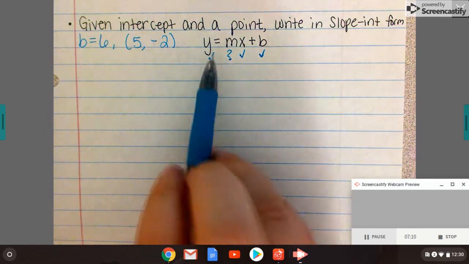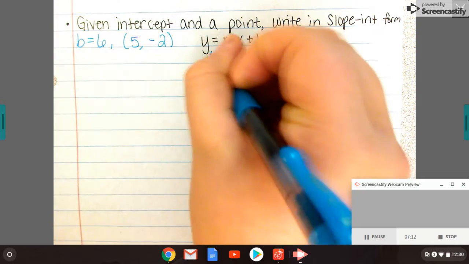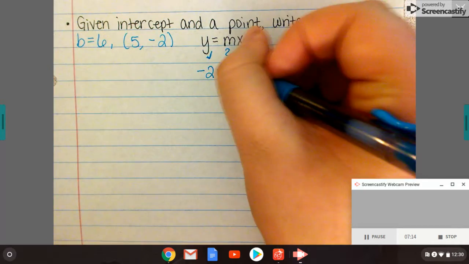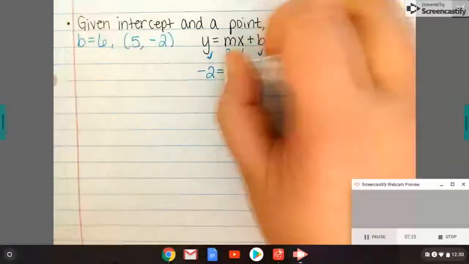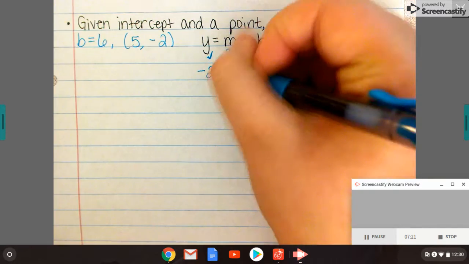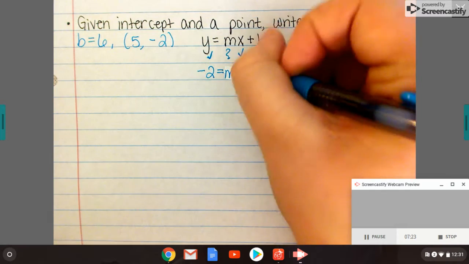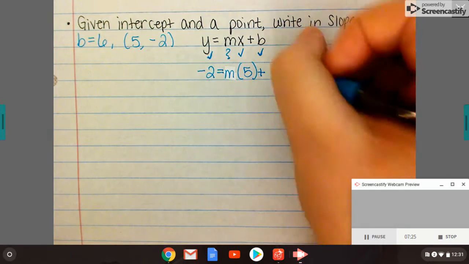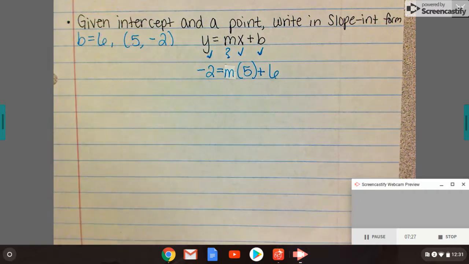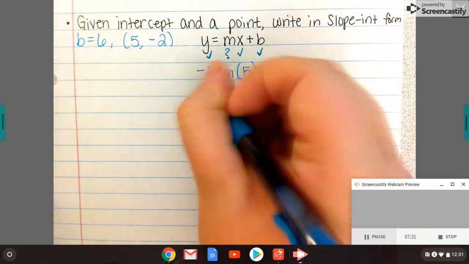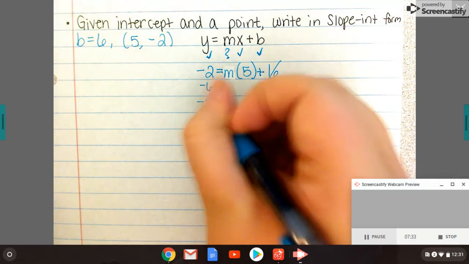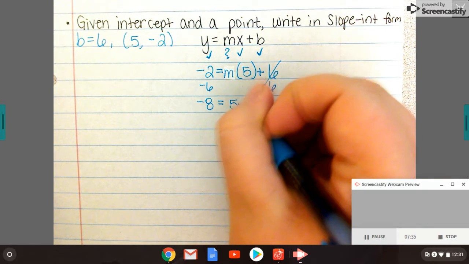So y we're using is -2. m is 5. Oh, I'm so sorry. m is not 5. We don't know m. We just said that. m we don't know yet. x is 5. There we go. Plus b, which they told us is 6. So just plugging everything in where it belongs. Let's subtract 6 from both sides here. So -8 equals 5m.